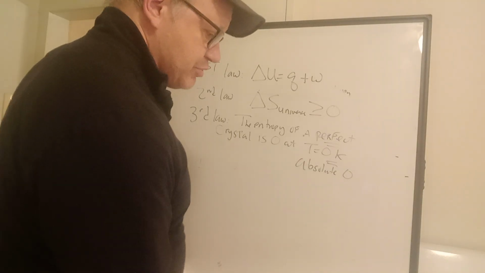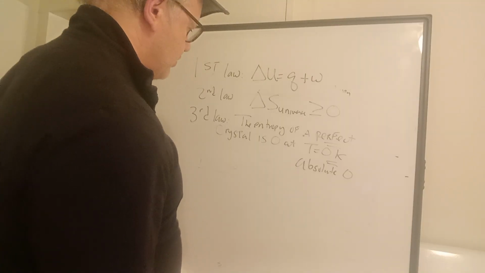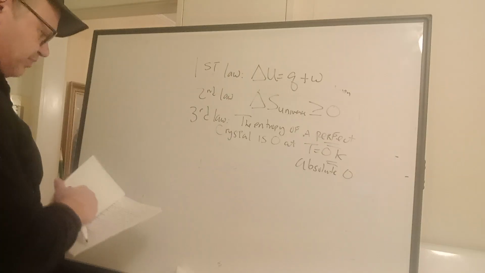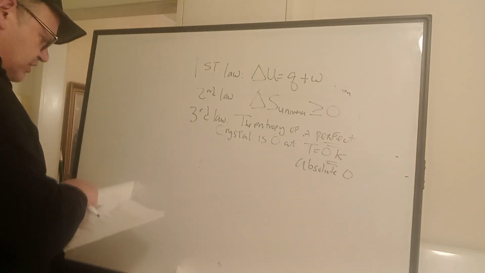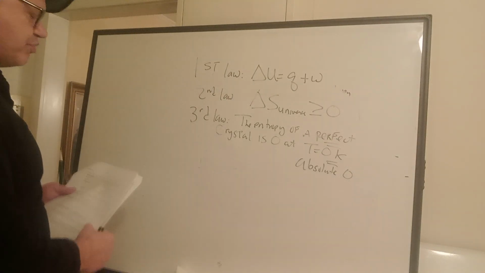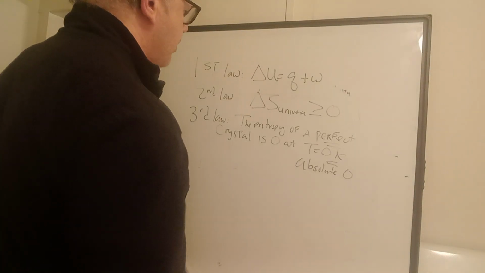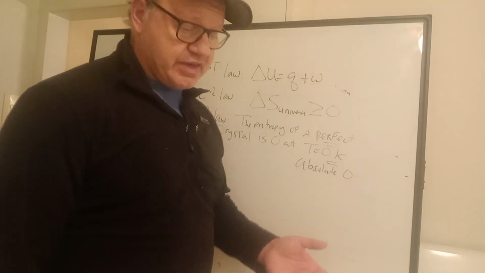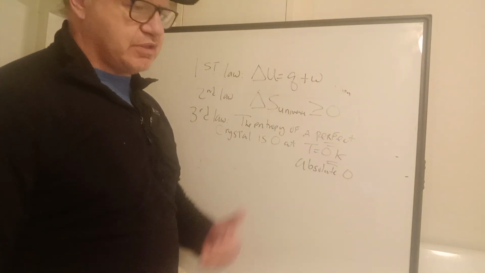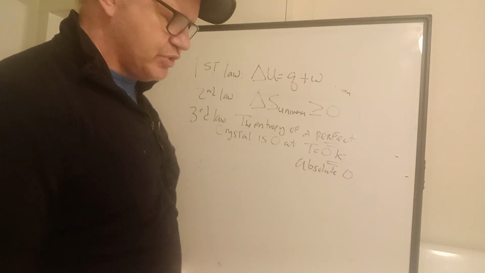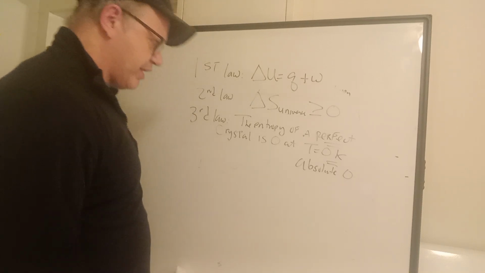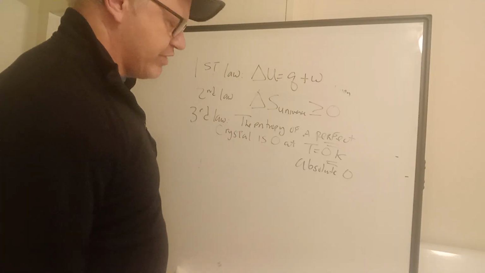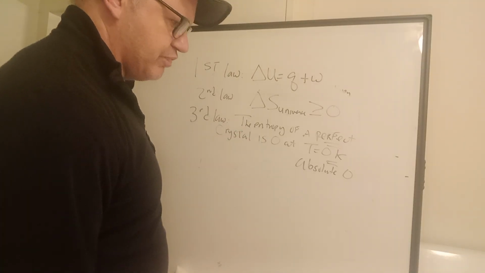But this has some utility. It allows us, when you go to tables, we can list absolute entropies for things. And so you can actually just list the entropy. Energies are always, we always define an arbitrary and convenient point that's our 0 point to measure energies relative to, and sometimes we have to adjust for that. With entropy, there's actually absolute entropy values that exist for materials, and you can find them in tables.